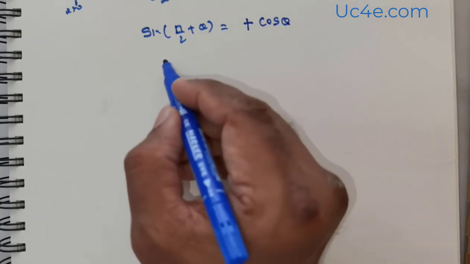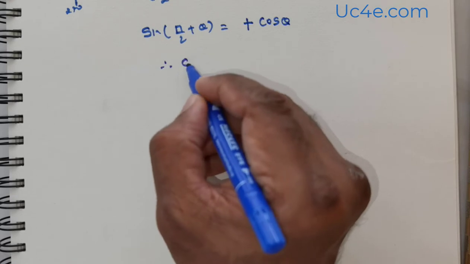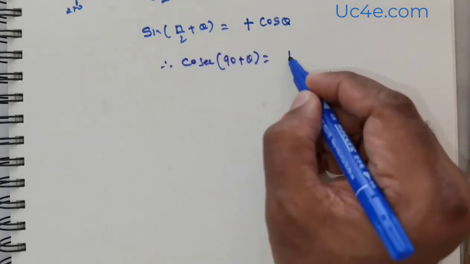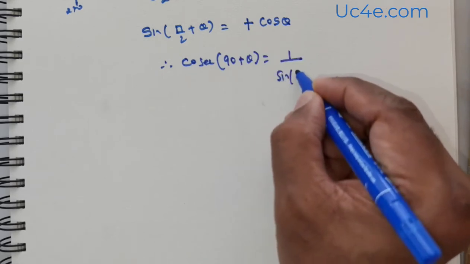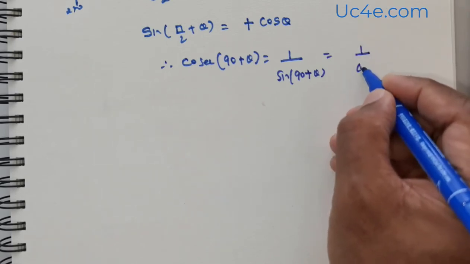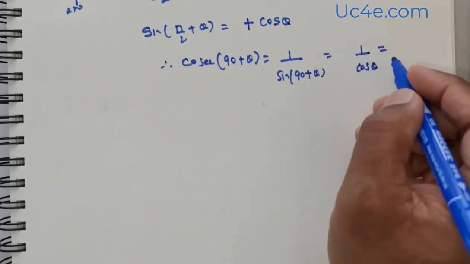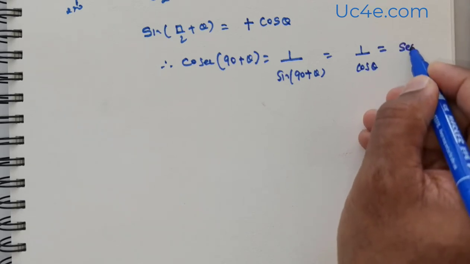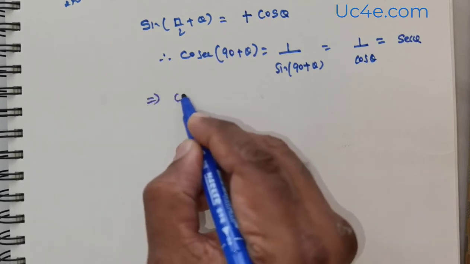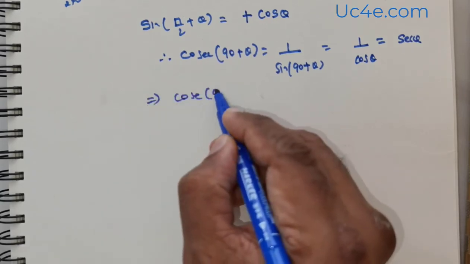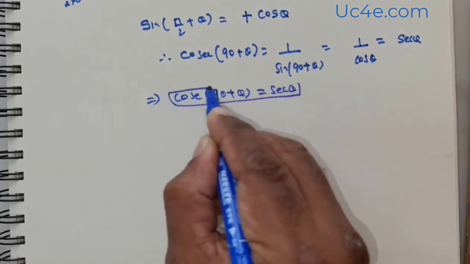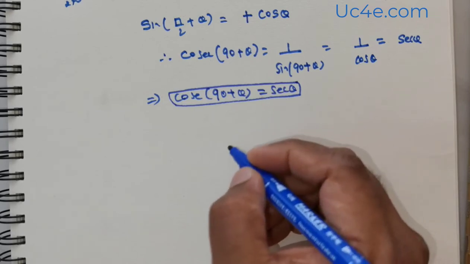Because of this fact, therefore I can write cosecant of 90 positive theta, which I have represented as 1 over sine of 90 positive theta, is equal to 1 over cos theta. 1 over cos theta is nothing but secant theta. So I have now cosecant of 90 positive theta to be equal to secant theta.